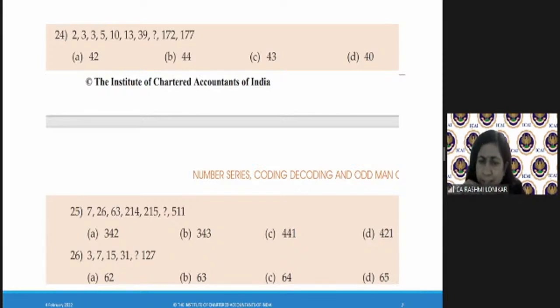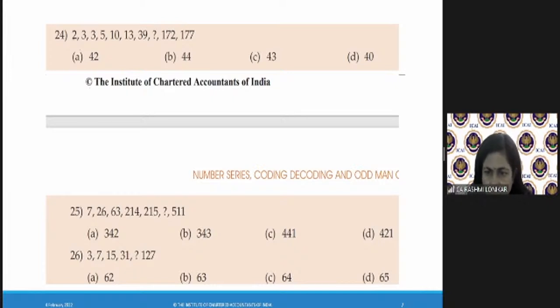Can I see a direct series? No. Can I see 2, 3, 3, 10, 10, 39? That also is not looking very bright right now. So I will have to see this, and then I will have to see what can be the possible answer.